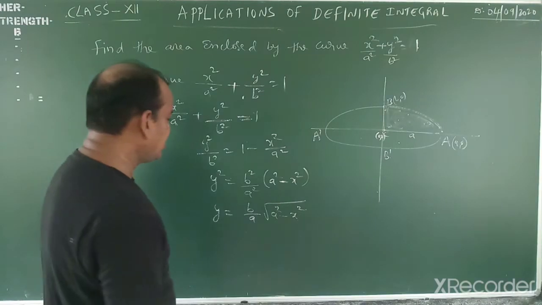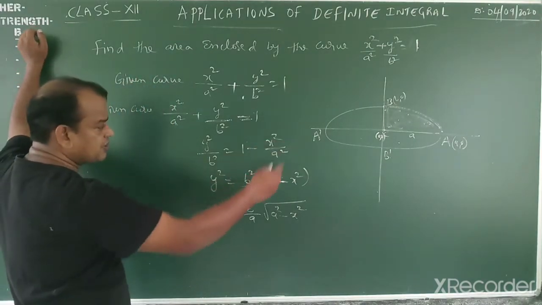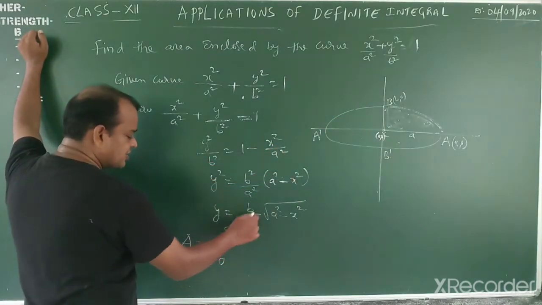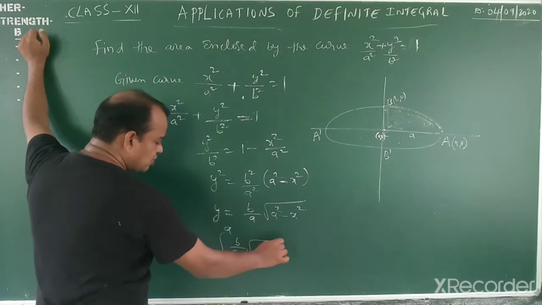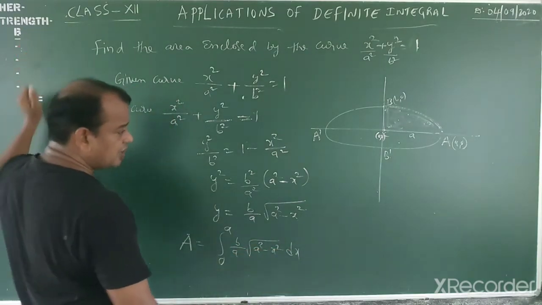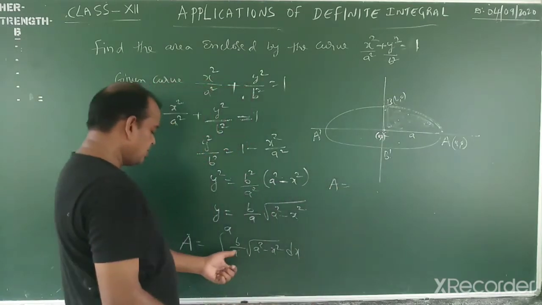Now what happened to the area? The area enclosed by the ellipse is 4 times the integral from 0 to a of y dx, where y is b by a into root over a square minus x square, dx. Now the constant is b by a.